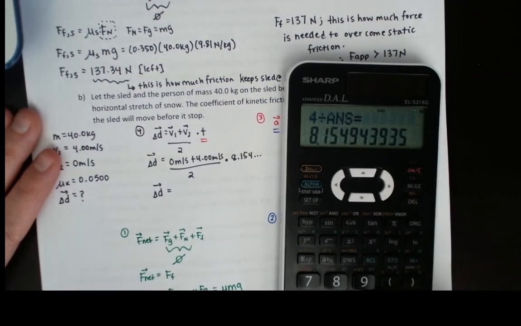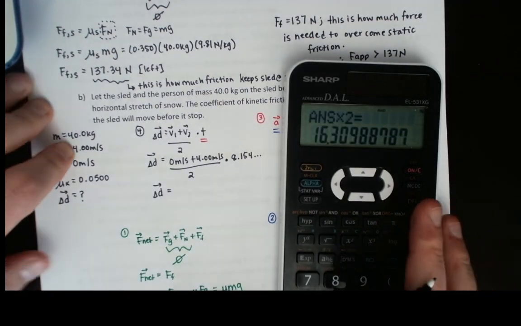So 2 times this 8.15, blah, blah, blah, we end up with 16.3.